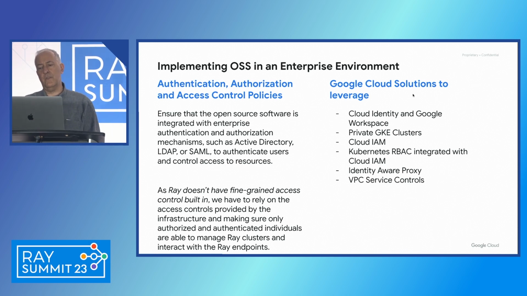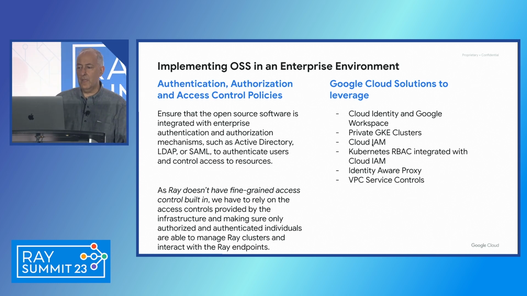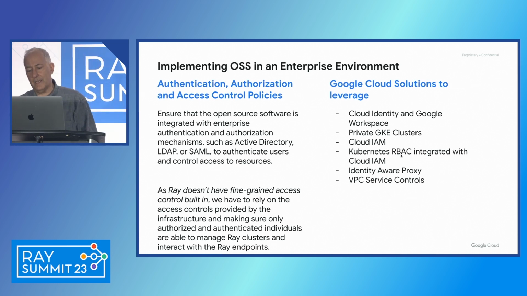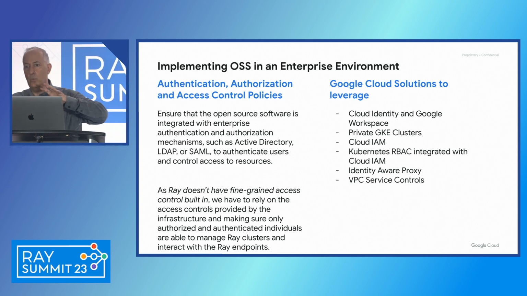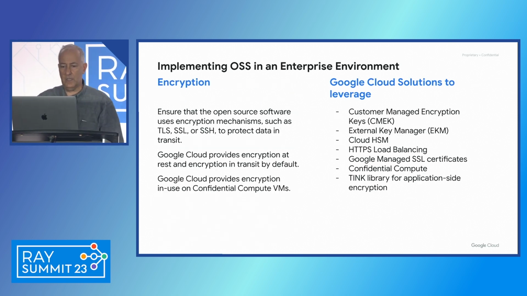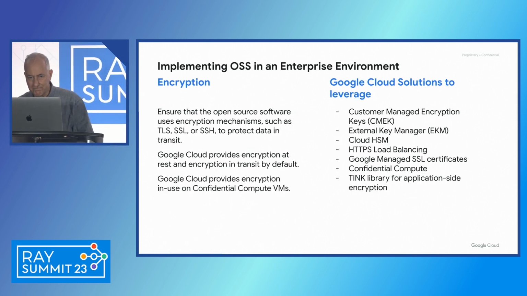So if you're in the Google Cloud environment, you use the Cloud Identity capabilities, private GKE clusters, not the public ones, Cloud IAM, and then Kubernetes RBAC integrated with Cloud IAM, Identity-Aware Proxy, and VPC Service Controls. This allows you to integrate Ray's security with your environment in GCP.